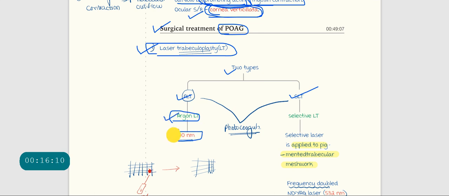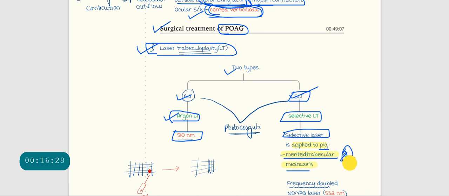The SLT is selective laser trabeculoplasty, and it is selective, applied to the pigmented trabecular meshwork only.